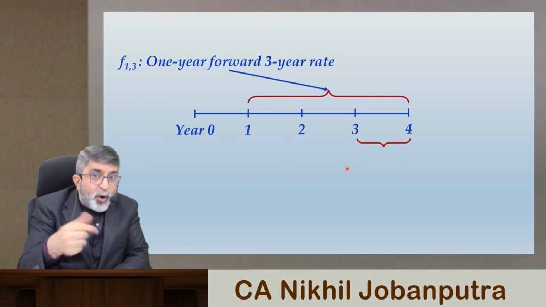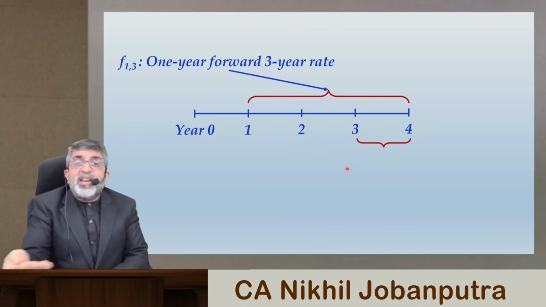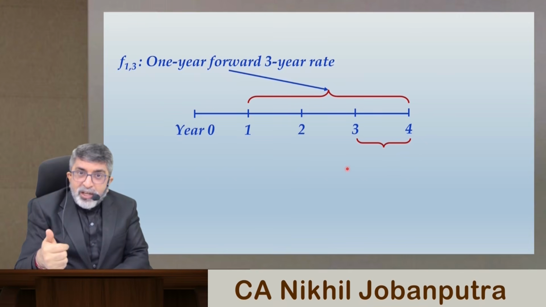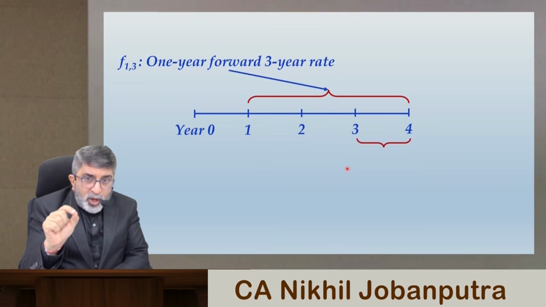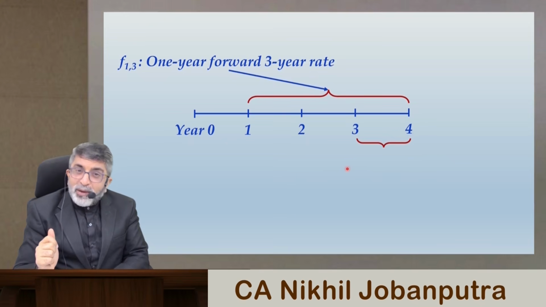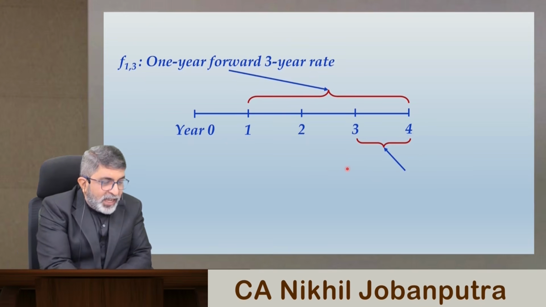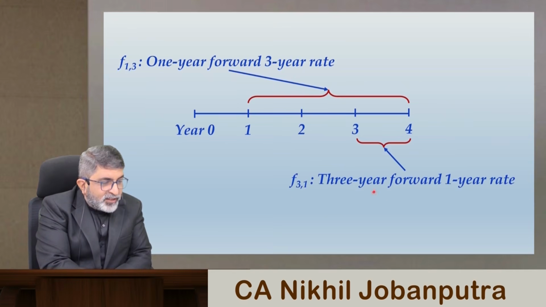So you will formally call it as a 3-year forward 1 year rate. And symbolically, can you again try? What will you resemble that symbol as? Small f, what comma what? It will be small f 3 comma 1, and that indicates 3-year forward 1 year rate.